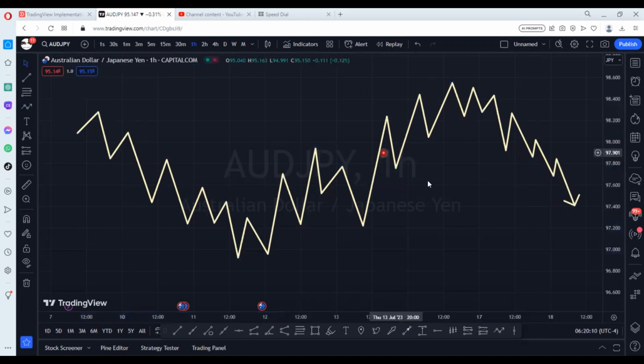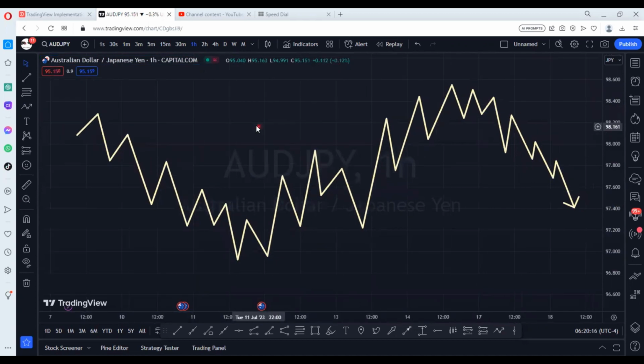This is the structure of the market. The market flow, we call it the market flow.